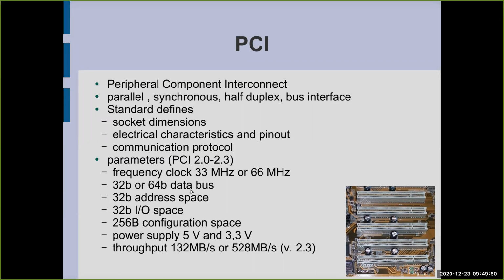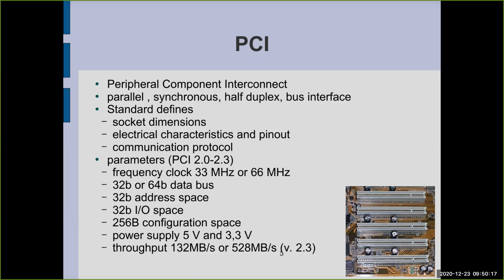Okay, so the bus consisted of 32 or 64 data lines. There were also additional lines. The clock frequency was 33 or 64 megahertz, depending on version.